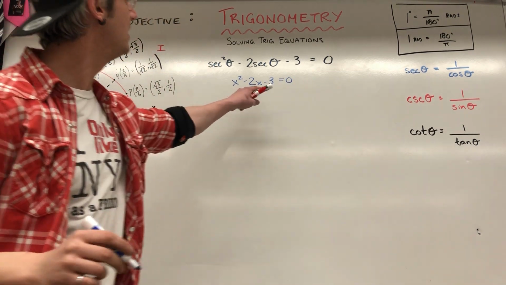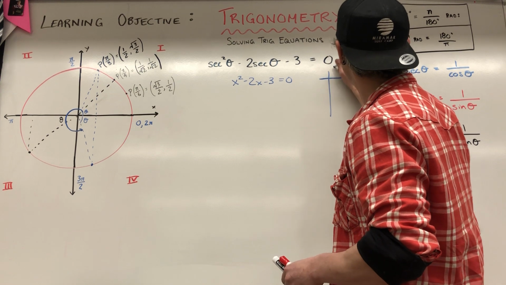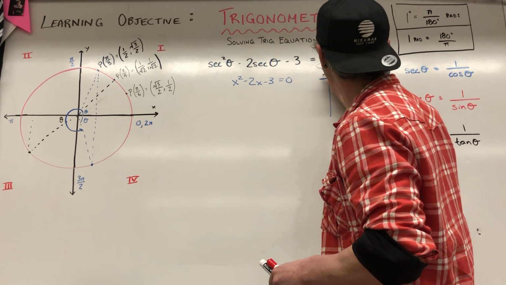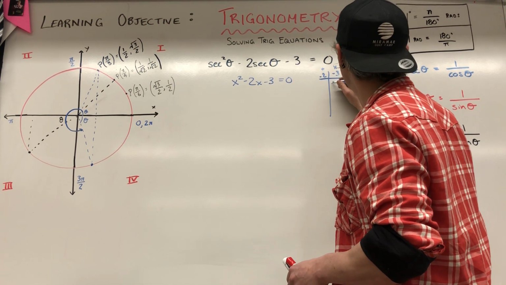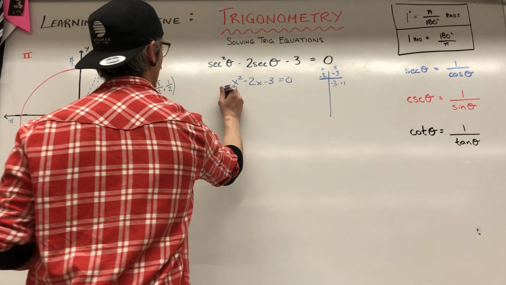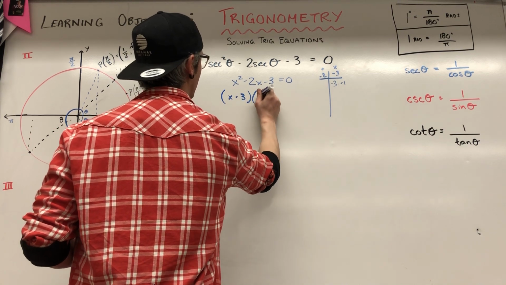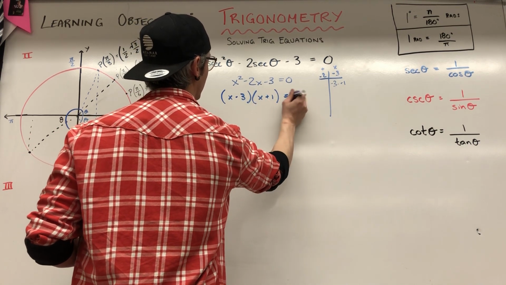Two numbers that multiply to negative 3 and add to negative 2 are negative 3 times positive 1. So factoring it, it becomes (x minus 3)(x plus 1).